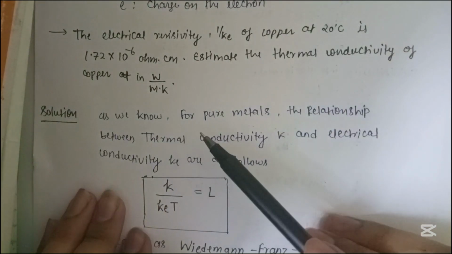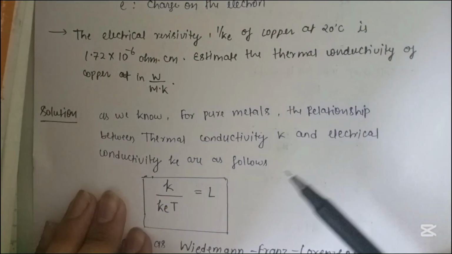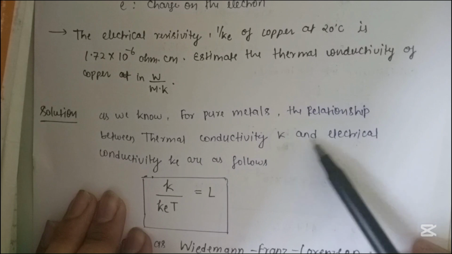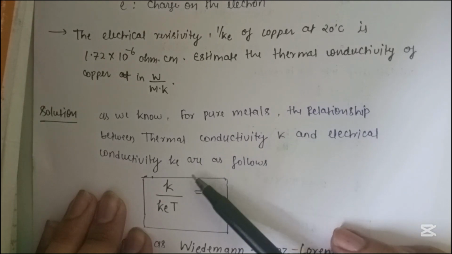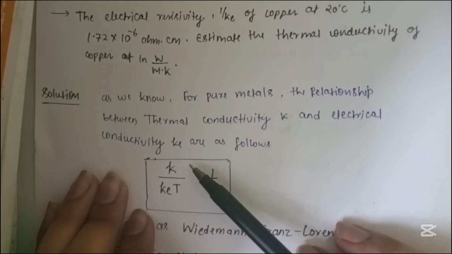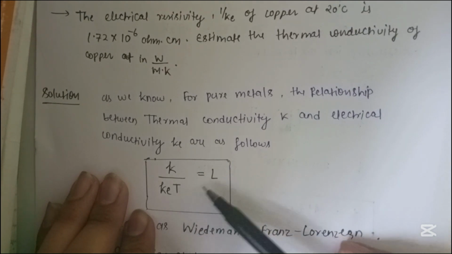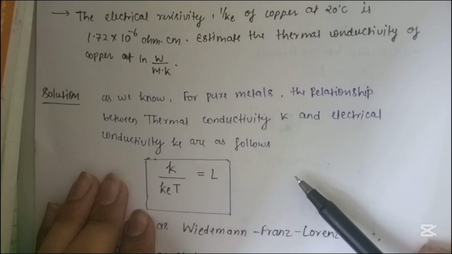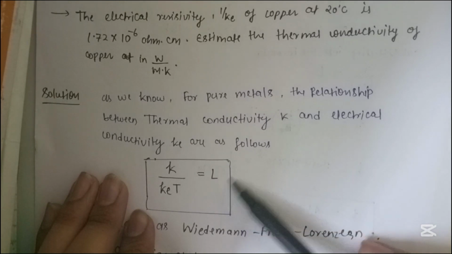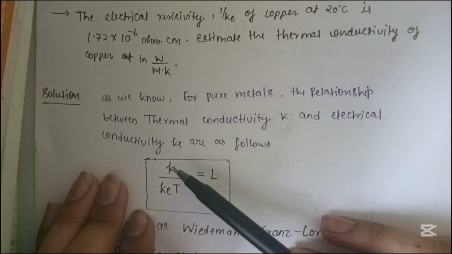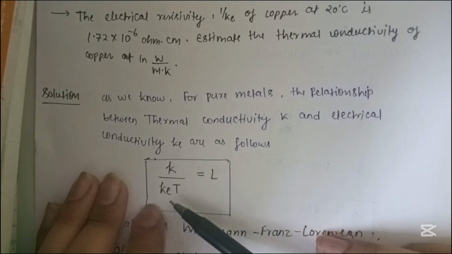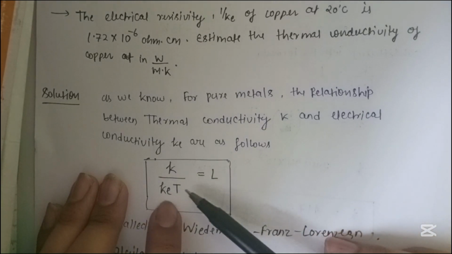So as we know, for pure metals, the relationship between thermal conductivity K and electrical conductivity Ke is as follows: K upon Ke into T is equal to the Lorentz number, a constant. Basically Lorentz number is the constant value of thermal conductivity divided by electrical conductivity into the temperature.